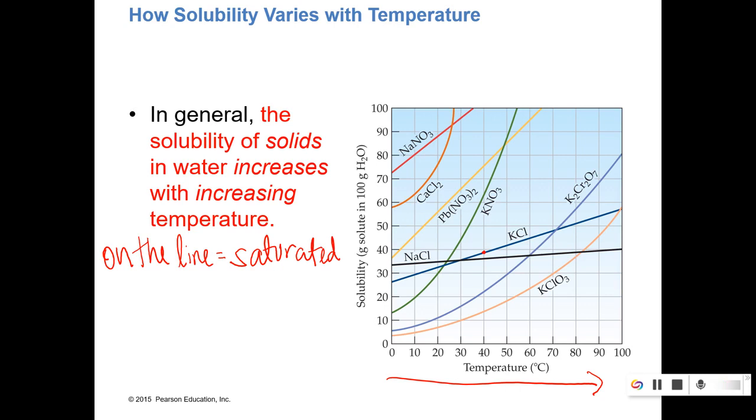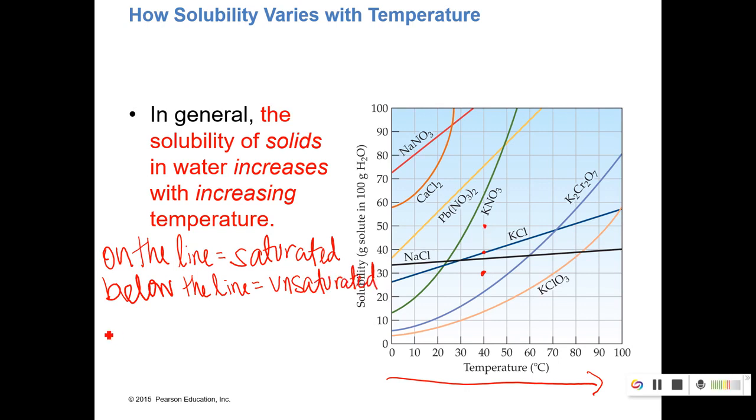If I do, we would call that supersaturated, which again is a special condition. If let's say we've got 30 grams at 40 degrees Celsius, that's below the line. We're still talking about KCl. So below the line is unsaturated.